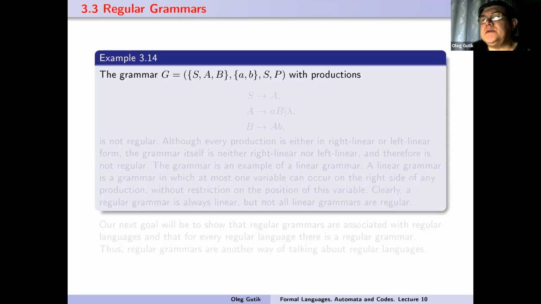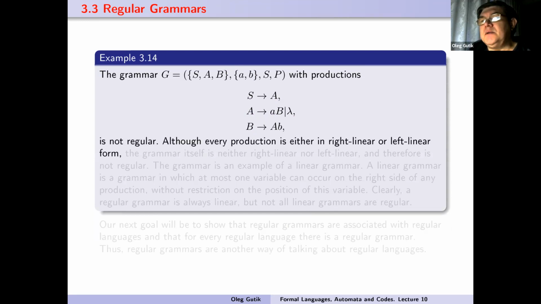Next example. The grammar G, which consists of S, A, B, our alphabet a, b, and S, P, with productions S into A, A into aAb, or A into empty word lambda, and B into AB, is not regular.